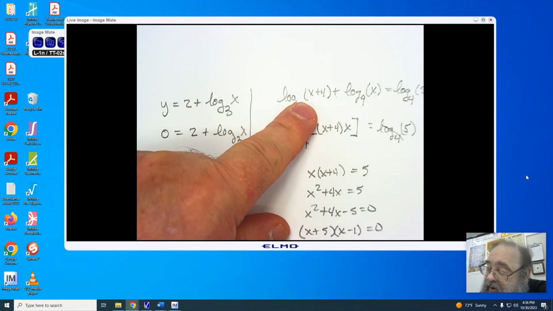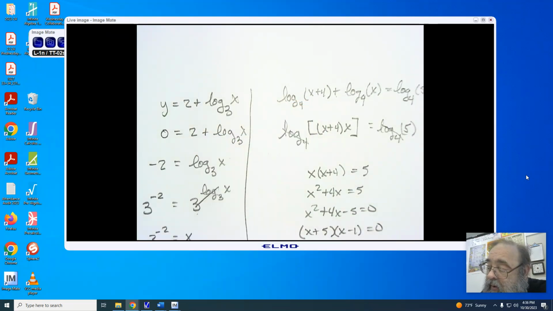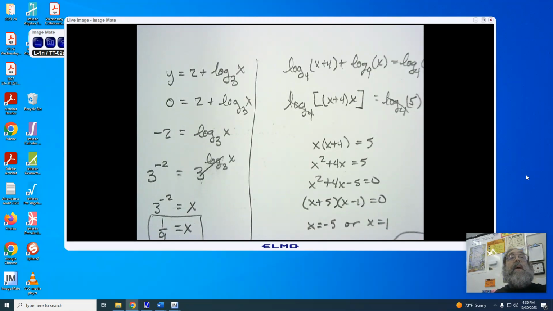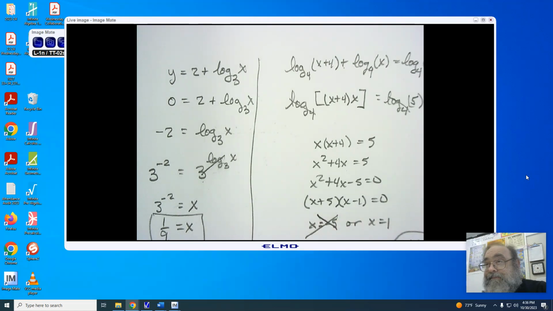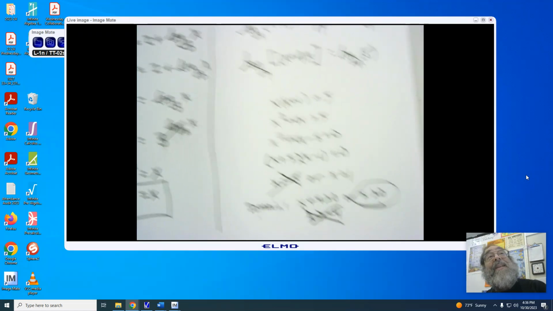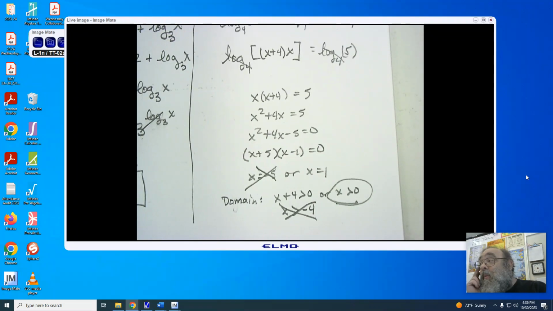We want the more restrictive, so x is greater than 0. x equaling 1 is the only possible solution. So the solution is 1. Once again, check your domain before you answer the question.